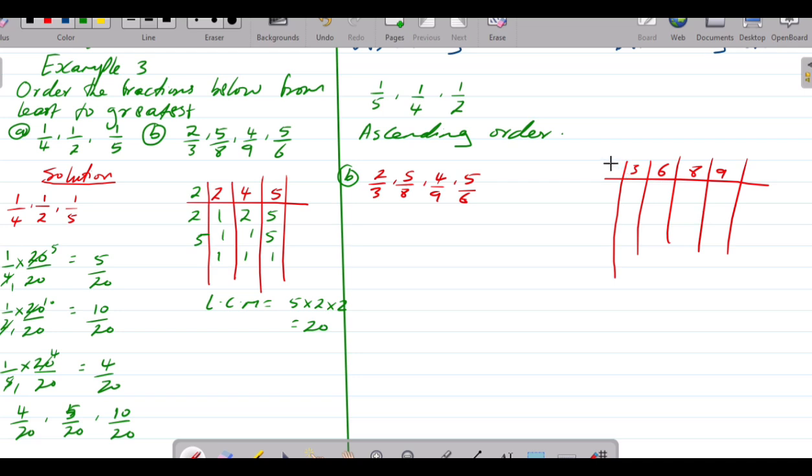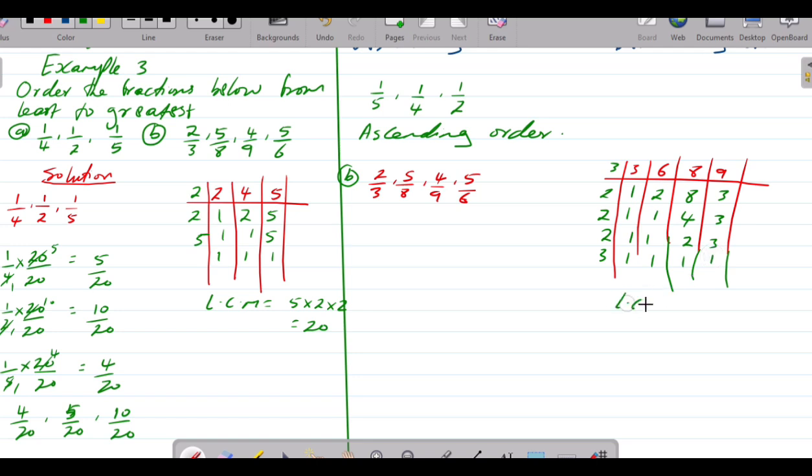So let's start with the smallest value. 3 in 3 is 1, 3 in 6 is 2, 3 cannot go in 8, you write your 8, 3 in 9 is 3. 2 in 2, 1, 2 in 8, that's 4, 2 cannot go in 3, you write your 3. We make use of our 2 again, 1, 1, 2 in 4 is 2, we have 3. 2 again, we have 1, 1, 1, we have our 3, 3 in 3 is 1.